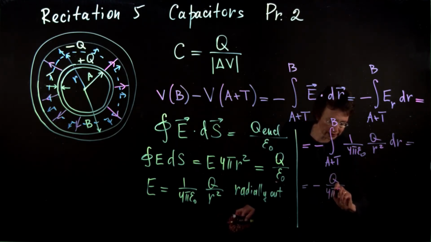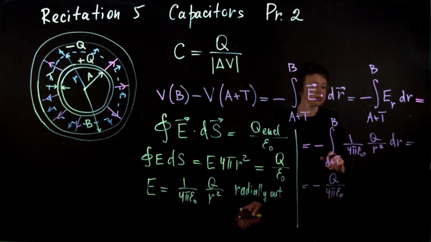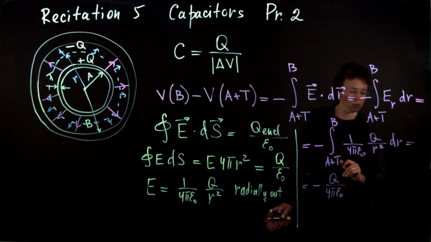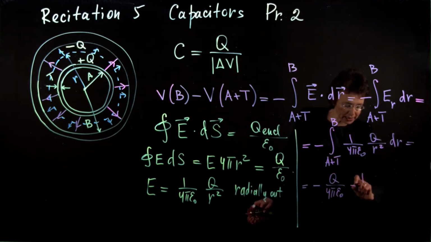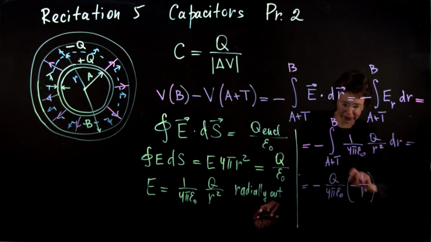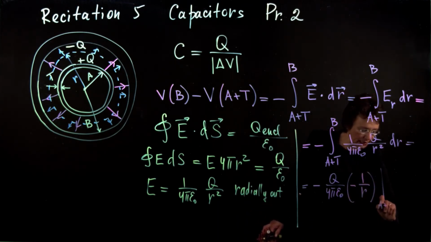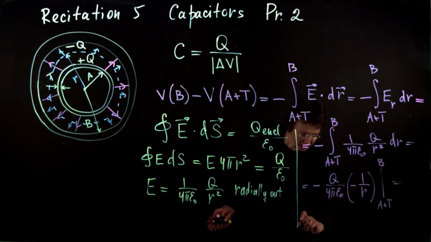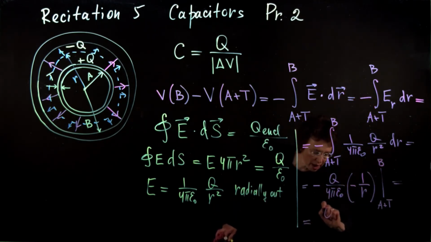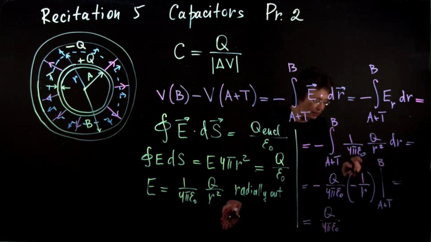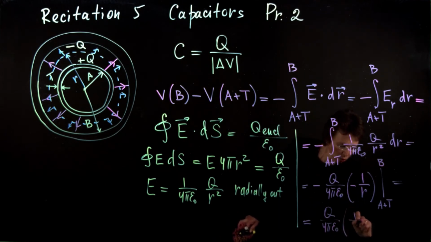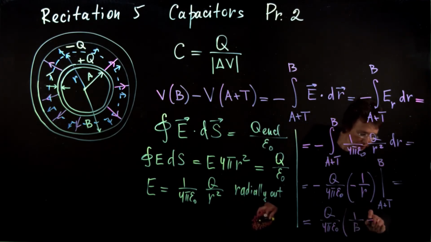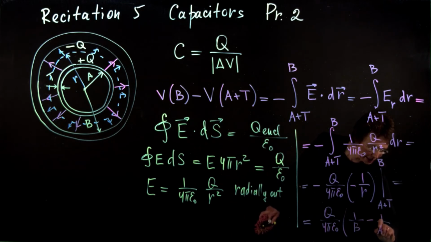Those are constants, so I take them out of the integral. And the integral of dr over r squared is minus 1 over r, with limits from A plus T to B. Now I plug in the limits, minus and minus plus, so I have Q over 4 pi epsilon naught. The upper limit gives me 1 over B, and the lower limit gives me 1 over A plus T.